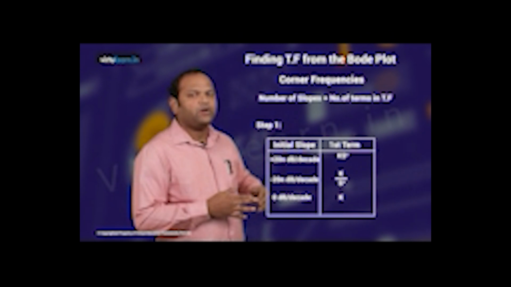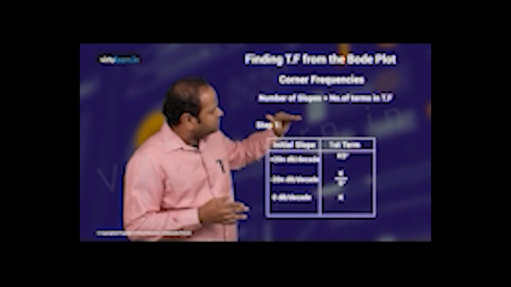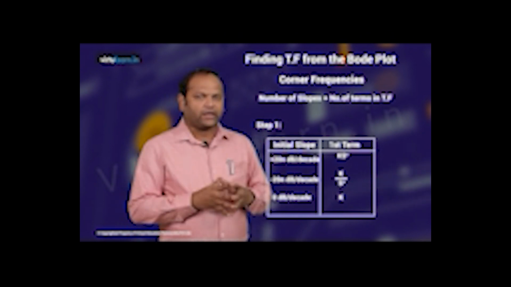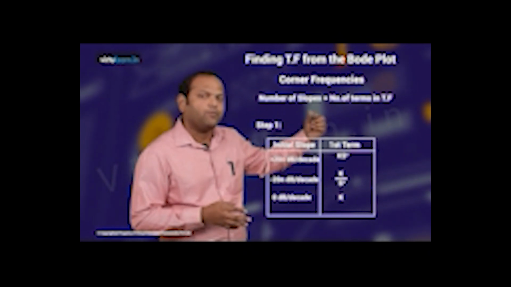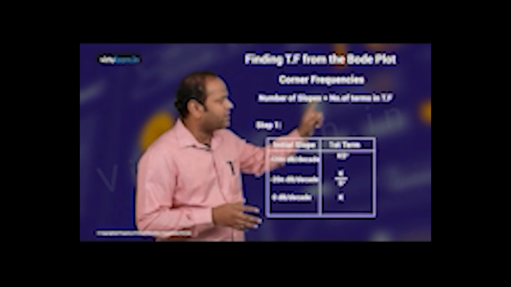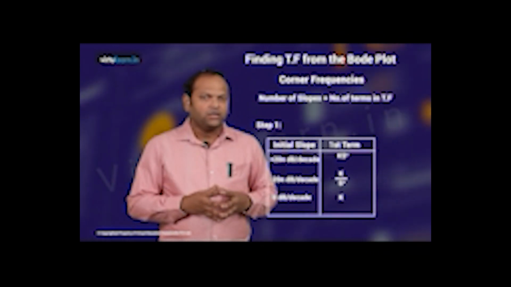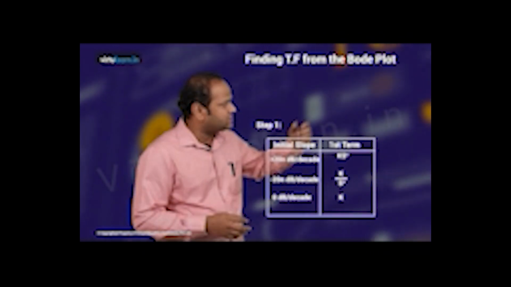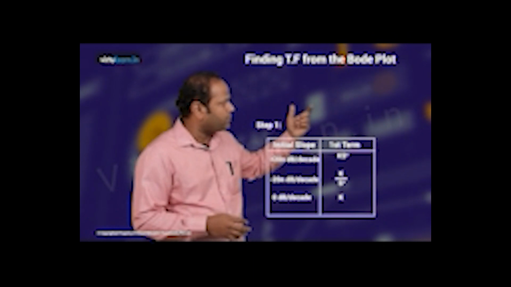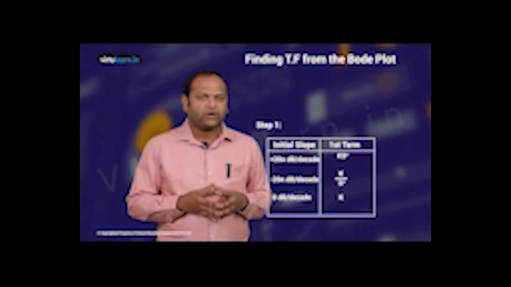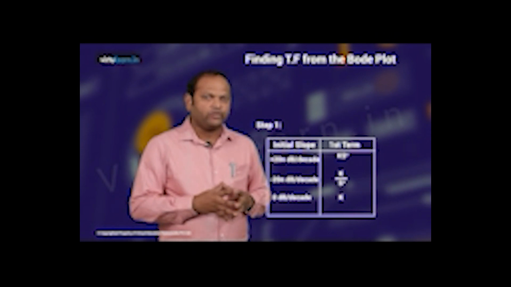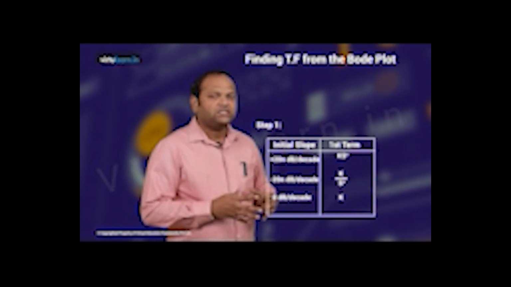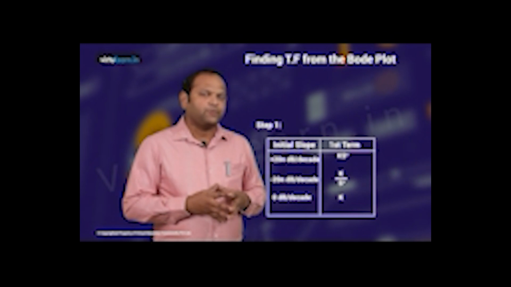So what is this table? If the slope is plus 20n dB per decade, so plus in the sense it is zeros, 20n where n is the number of such zeros we have, the corresponding term is k into s power n. So k s power n is the first term if the initial slope is plus 20n dB per decade. Similarly, if you have minus 20n dB per decade, then my term is going to be k by s power n.